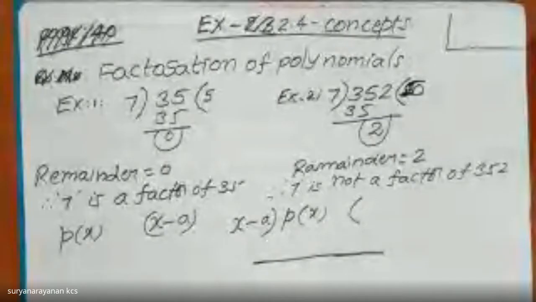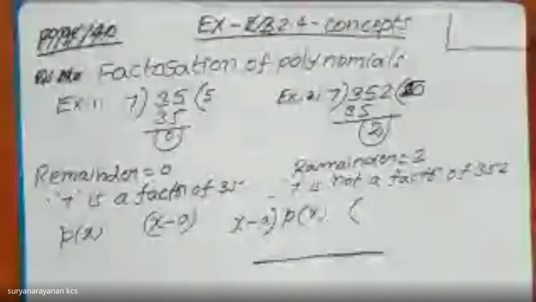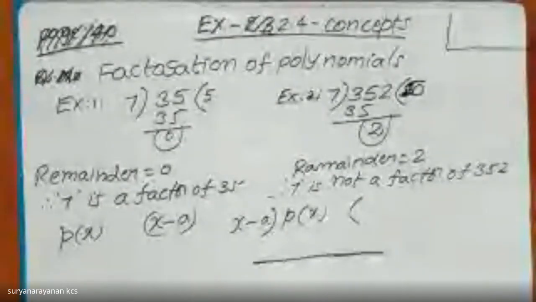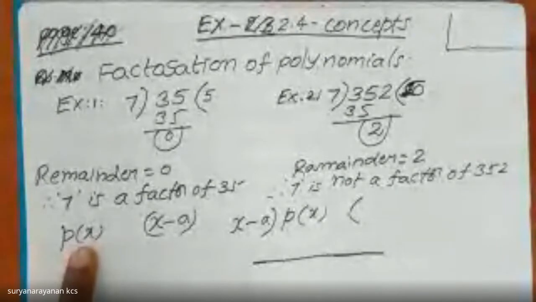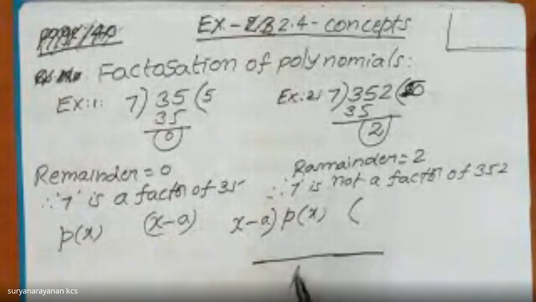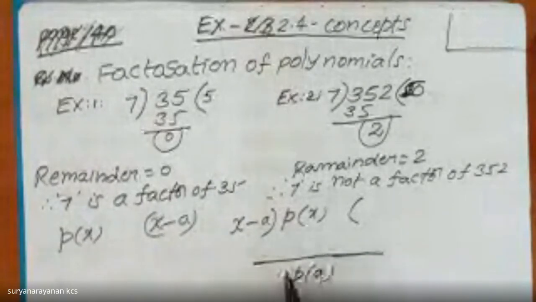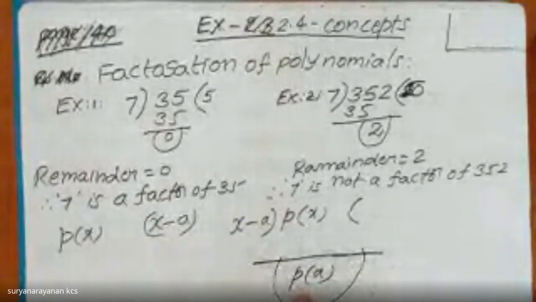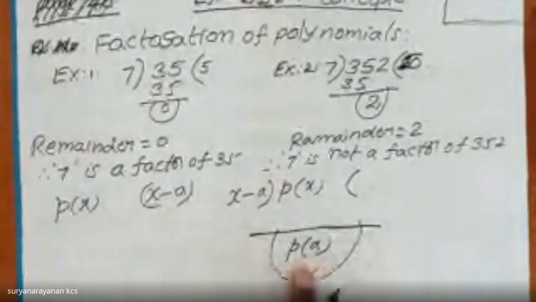Sir, we can't determine the remainder without P of x. Previously you have learned what the remainder is when you divide a polynomial by x minus a. What is the notation? P of a. This is the remainder, in the remainder theorem you have learned.